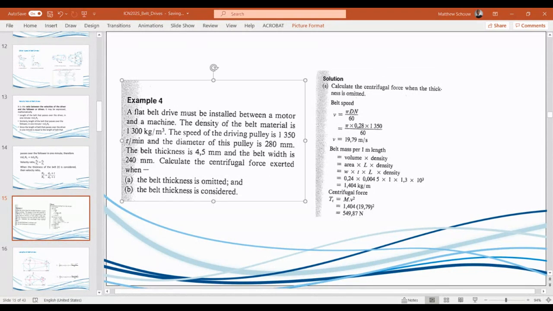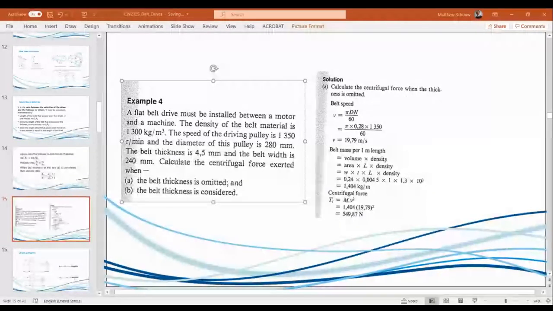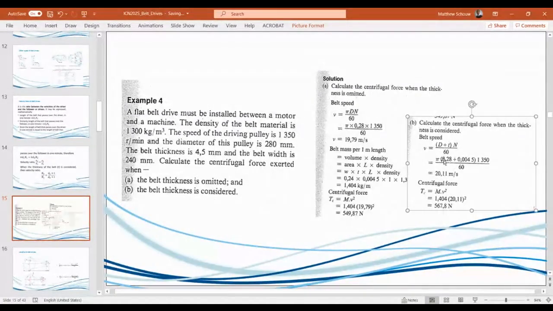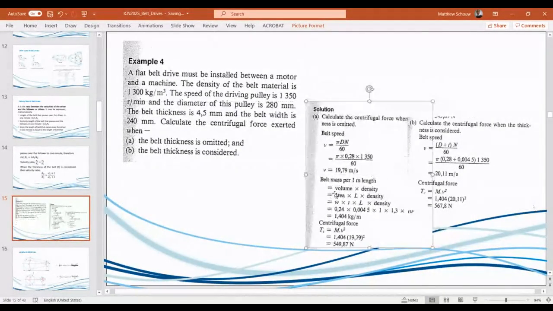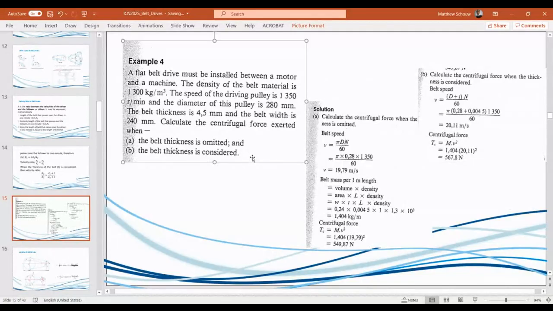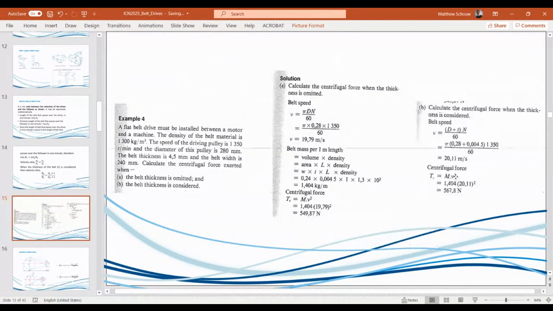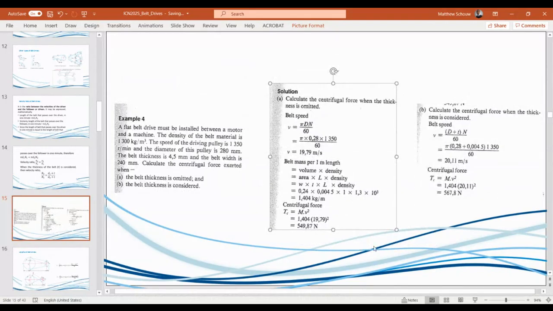And when you consider the thickness, you're getting... this is not really nicely put, but just bear with me here. Let me make it smaller, like that, and get my pen here for you guys.